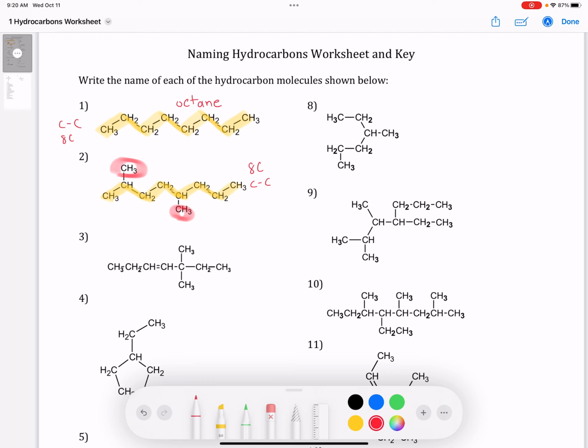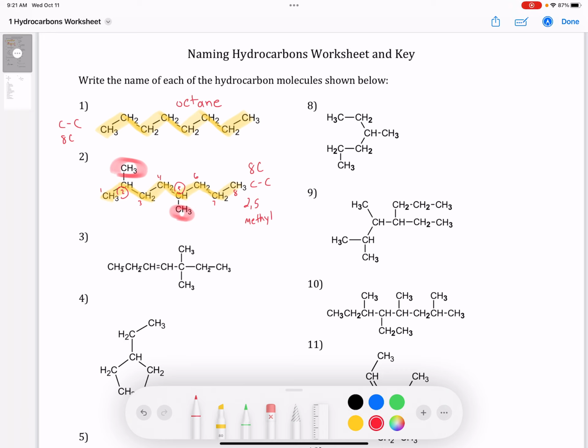Now, if I number the carbons, 1, 2, 3, 4, 5, 6, 7, 8, I can see that on carbon 2 and on carbon 5, I have branching. So I'll say here, on carbon 2 and carbon 5, I have a 1 carbon branch. So because there's 1 carbon, I call that meth. And because it's a branch, I use the yl ending.